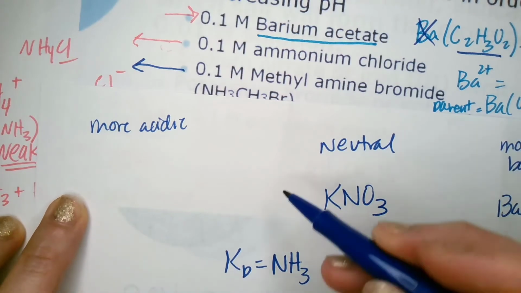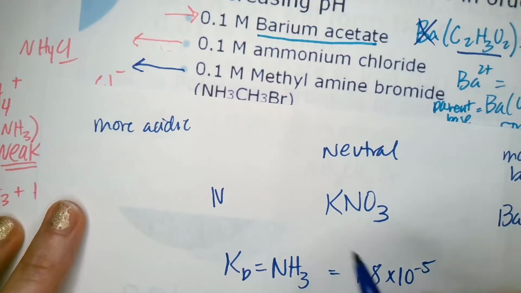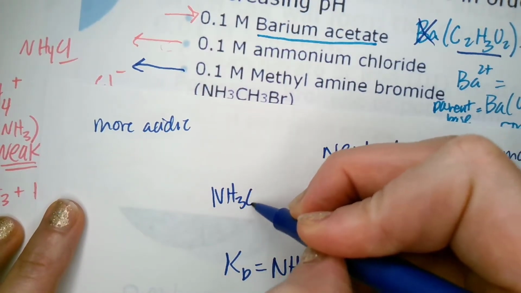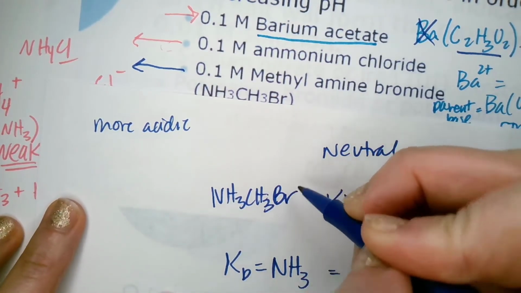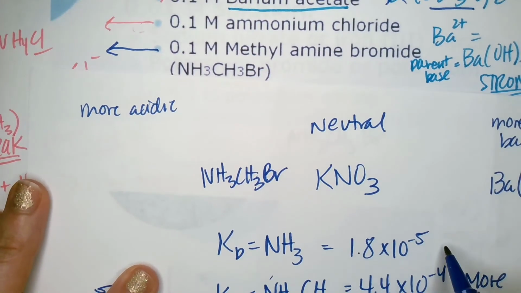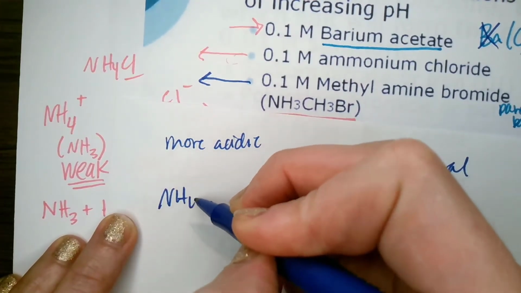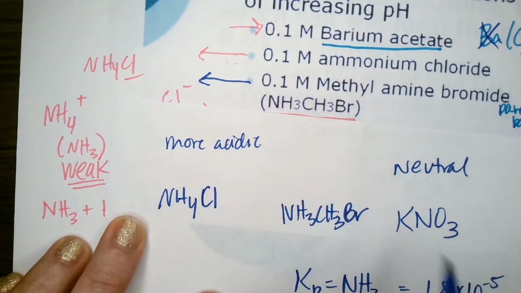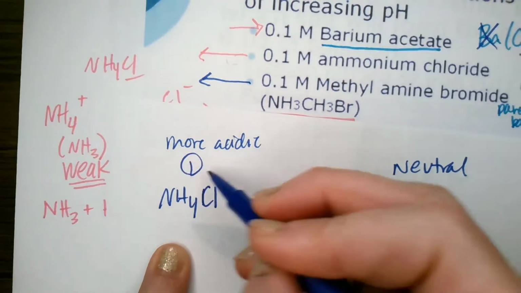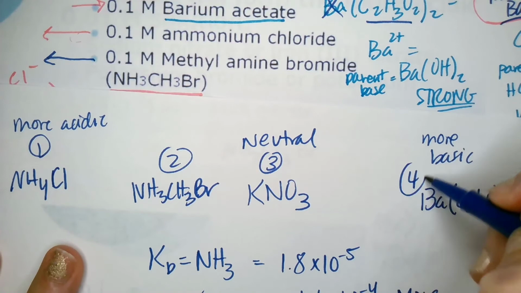So we would say our methylamine bromide, NH3CH3Br, and then since this one's more basic, this one's got to be more acidic. Our ammonium chloride would be the most acidic. So this would be 1, 2, 3, and then 4.